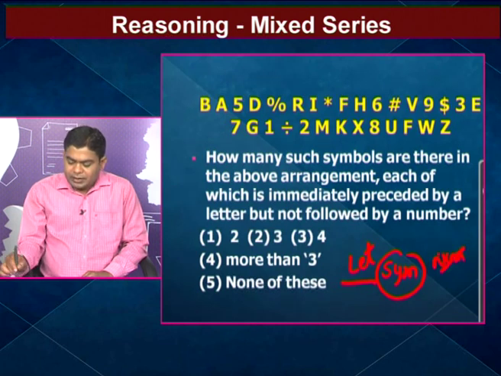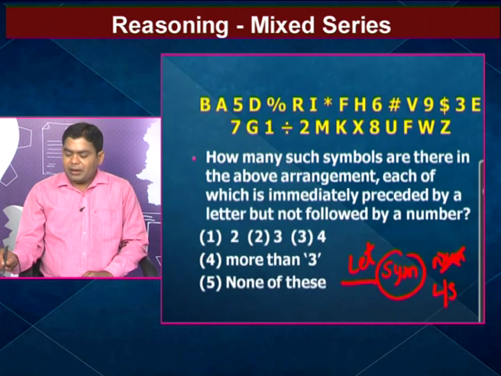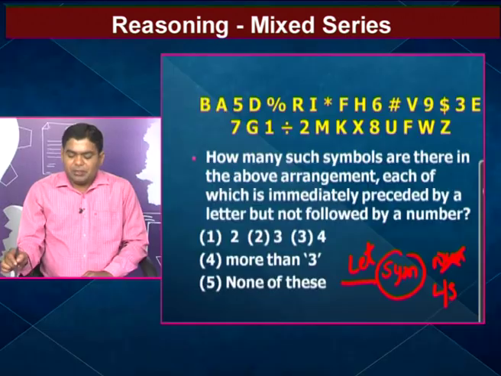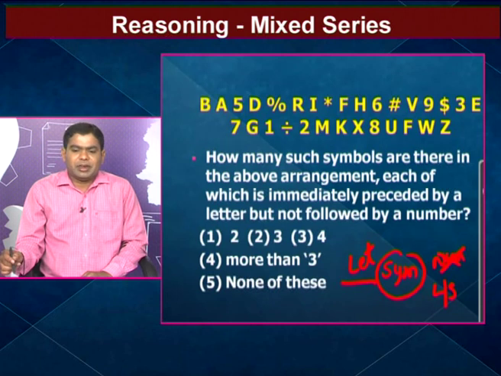So the symbol must be preceded, means on the left side, by a letter, but not followed by a number, means followed by either a letter or a symbol. So if the left side is a letter and the right side is either a letter or a symbol, then we count those symbols.